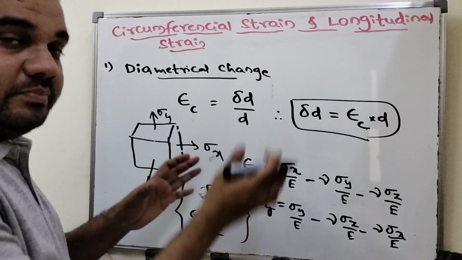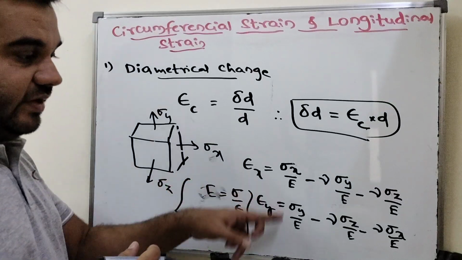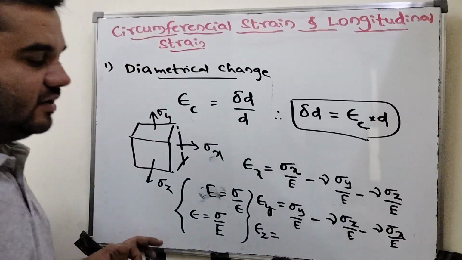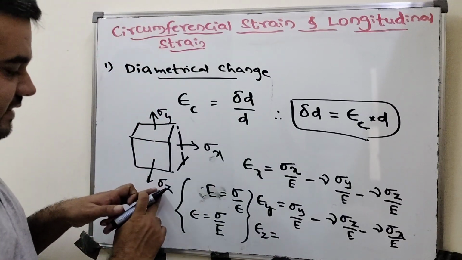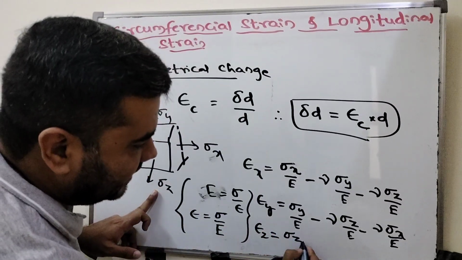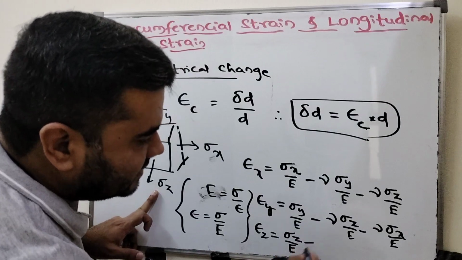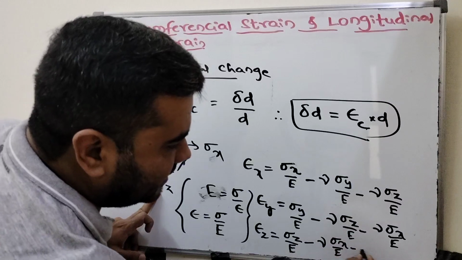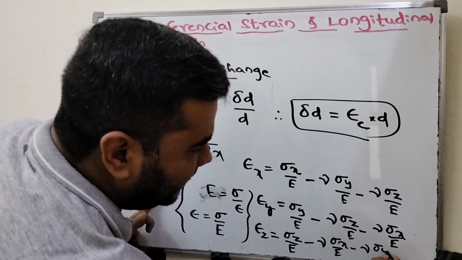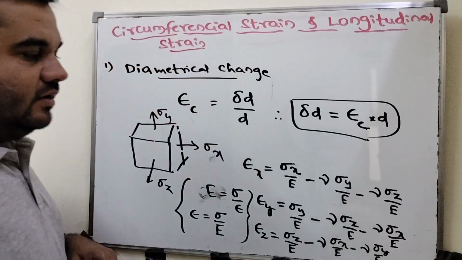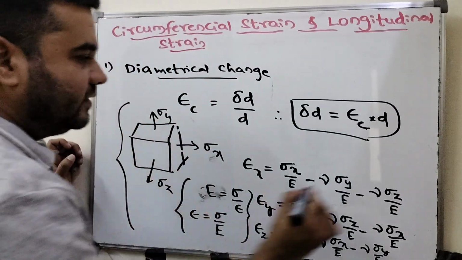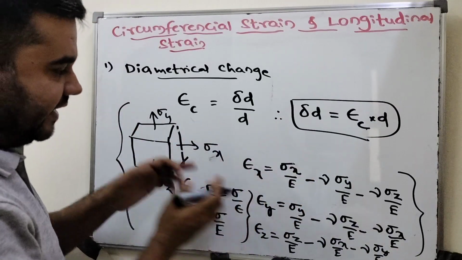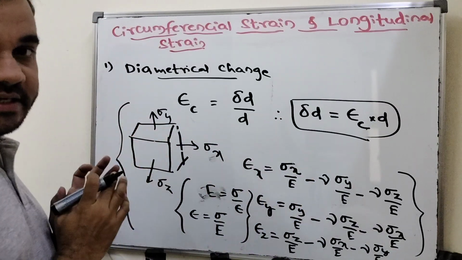This is how the derivation went; you can check the previous video where we derived this. Similarly, strain in z direction is stress in z direction divided by E minus nu into stress in x direction divided by E minus nu into stress in y direction divided by E. This is how Hooke's law tells us the total strain in x direction, in y direction, and in z direction.